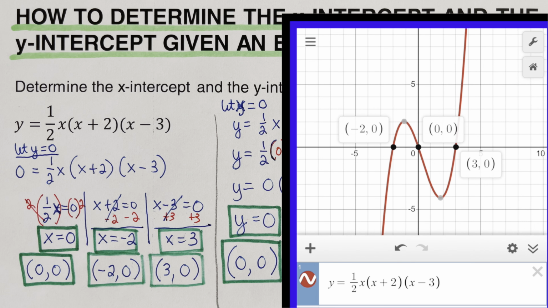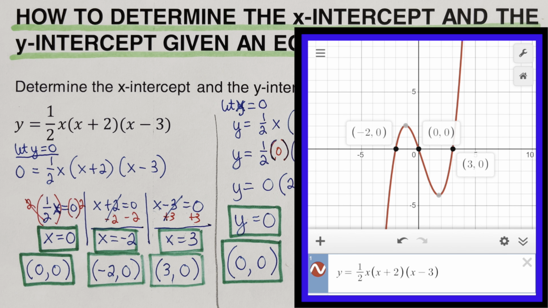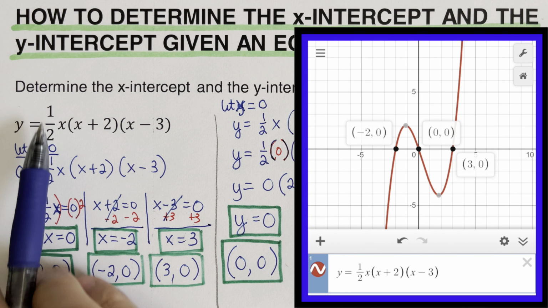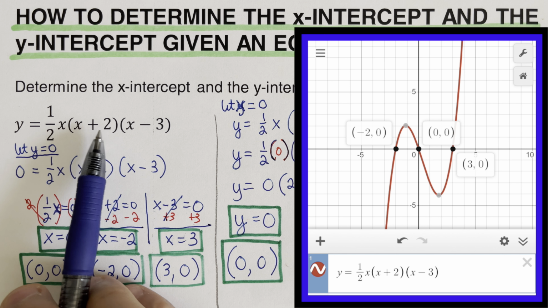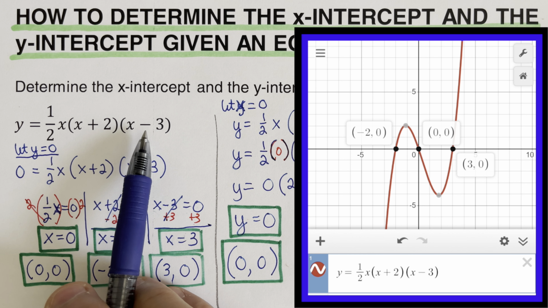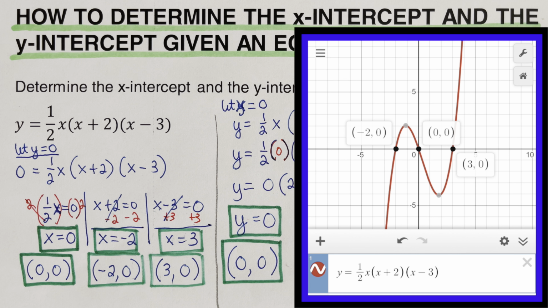On the side, we will see the graph of this polynomial function y equals 1/2 x, quantity x plus 2, quantity x minus 3. You can see that the graph crosses the x-axis at 0, 0, negative 2, 0, and 3, 0. On the other hand, it crosses the y-axis at 0, 0.